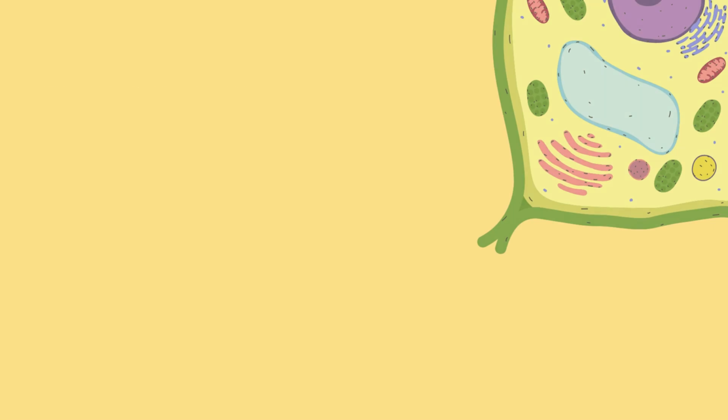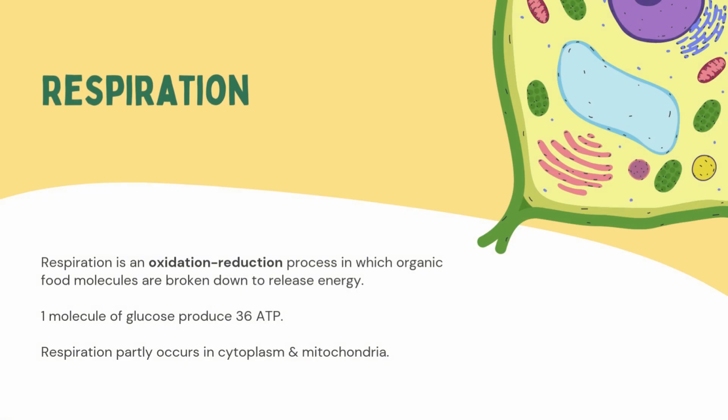Now let's switch gears to respiration, which is the opposite of photosynthesis. Respiration is an oxidation-reduction process in which organic food molecules are broken down to release energy. In aerobic respiration, which requires oxygen, 1 molecule of glucose produces 36 molecules of ATP. This process occurs partly in the cytoplasm and partly in the mitochondria.